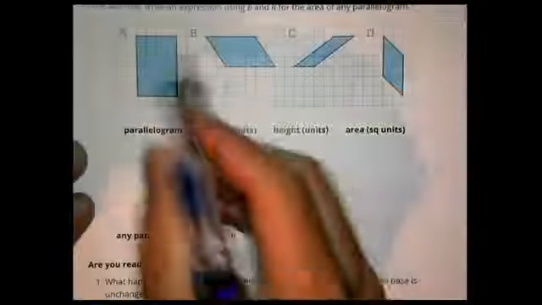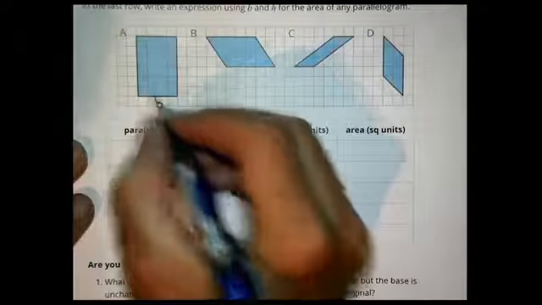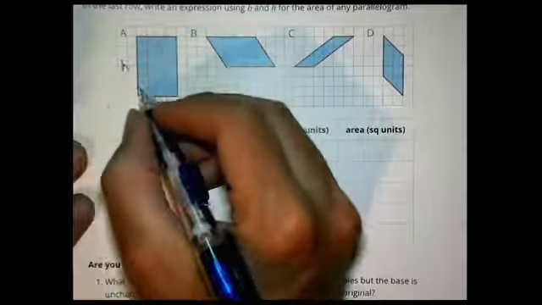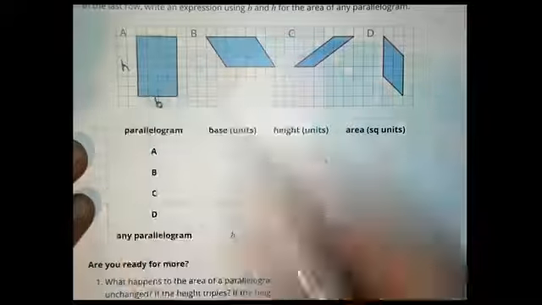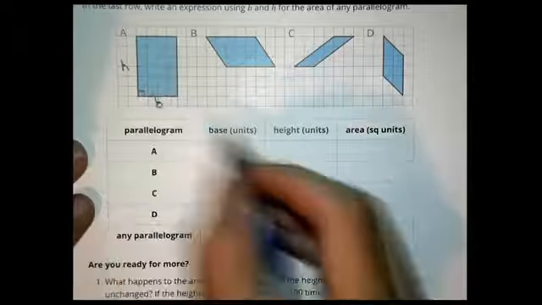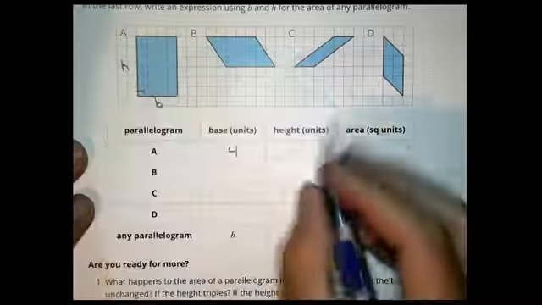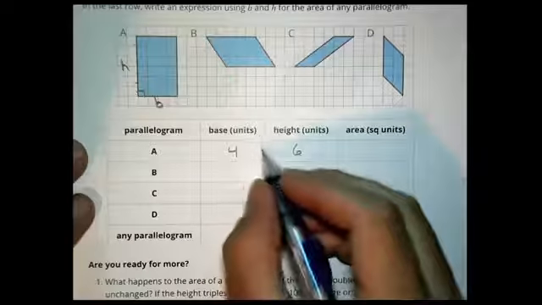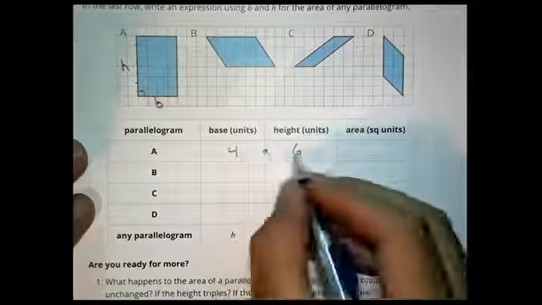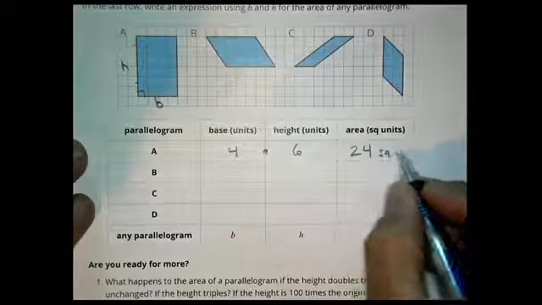For A, I'm going to go with the base being here and a height being here because I have a 90-degree angle. So in this case the base is 1, 2, 3, 4 and the height is 1, 2, 3, 4, 5, 6. And I can multiply those together. 4 times 6 gives me a total area of 24 square units.